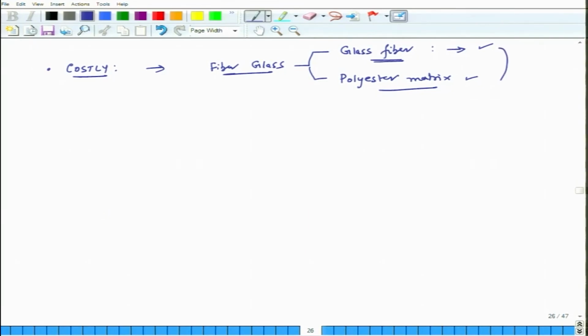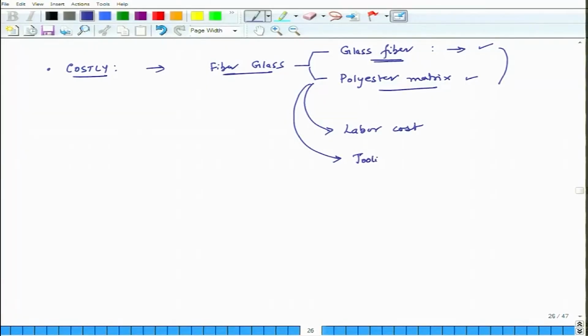So, both the constituents by themselves are more expensive, but glass fiber is not just this, you also have to make it. So, there is also labor cost involved. All these things make these composites more expensive.